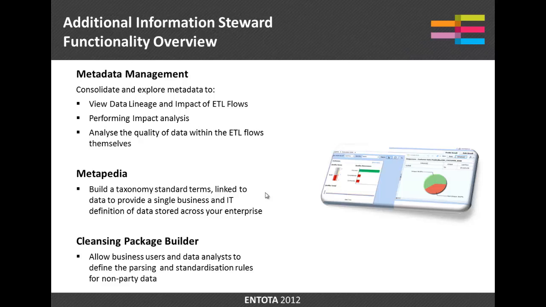The third piece that we see available here, Cleansing Package Builder, is allowing us to cleanse and standardize non-party data. Party data would be customers, vendors, business partners, names of individuals or organizations, and address data. Non-party data would be an example of materials, products, items, etc., where there aren't dictionaries readily available.